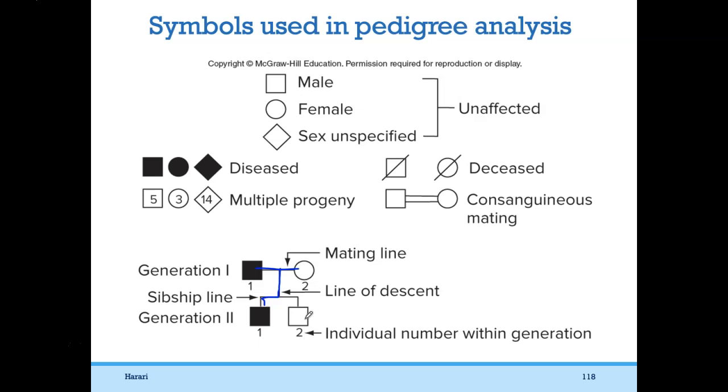We number each generation in Roman numerals, so generation 1 is the parents, generation 2 is the F1, and each individual has a number, like 1 or 2, associated with each individual within a generation. So pause here and make sure you're familiar with these pedigree symbols.